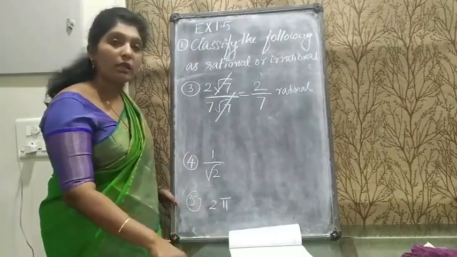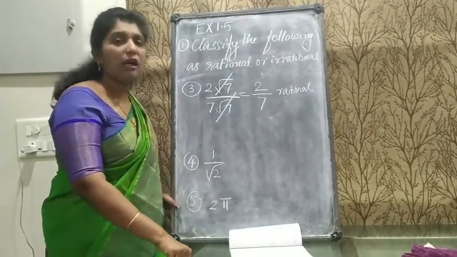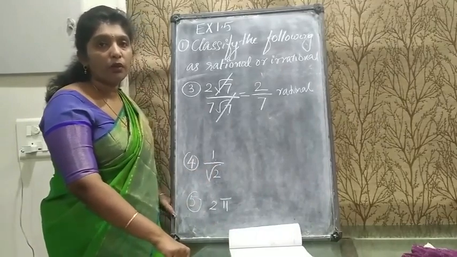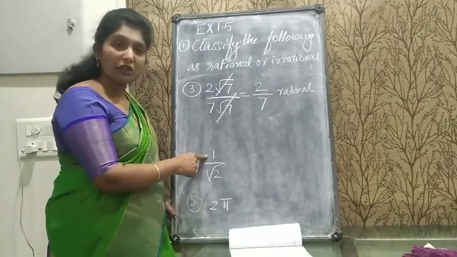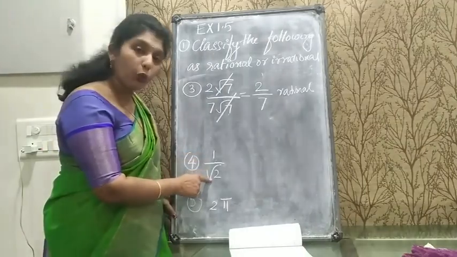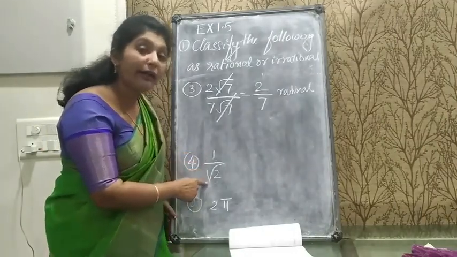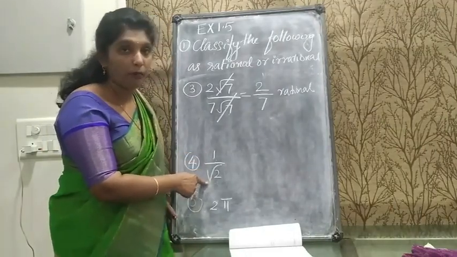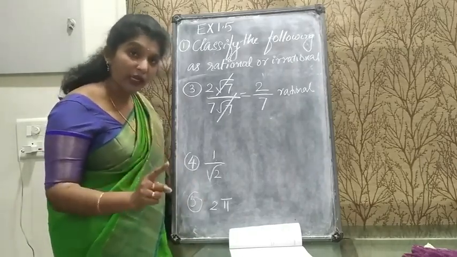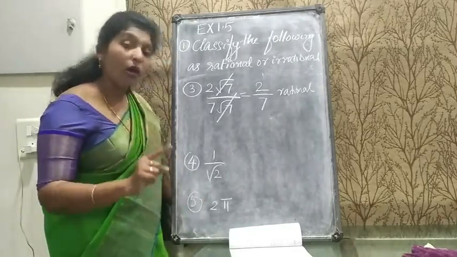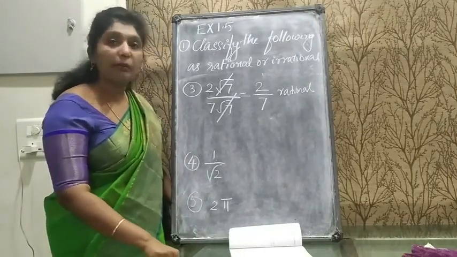Next question is 1 by root 2. Here it is already in the simplest form. We don't have to simplify more. Now you can see 1 is a rational number and root 2 is an irrational number. A rational number is divided by an irrational number. I already told you, if we are adding, subtracting, multiplying or dividing a rational with an irrational, then it will become irrational.